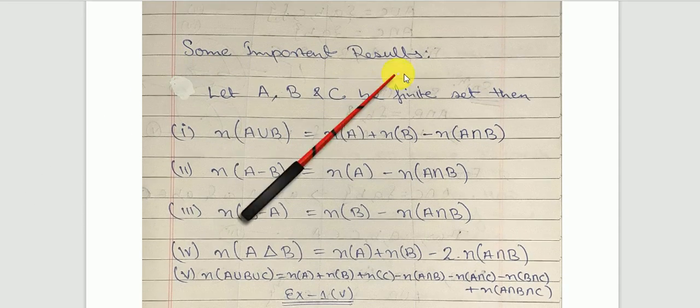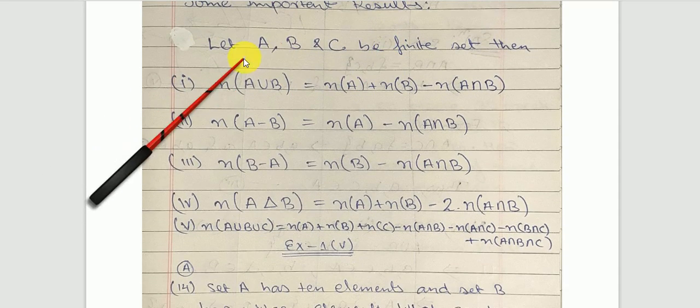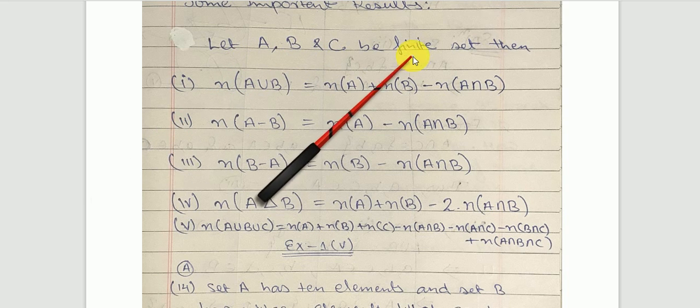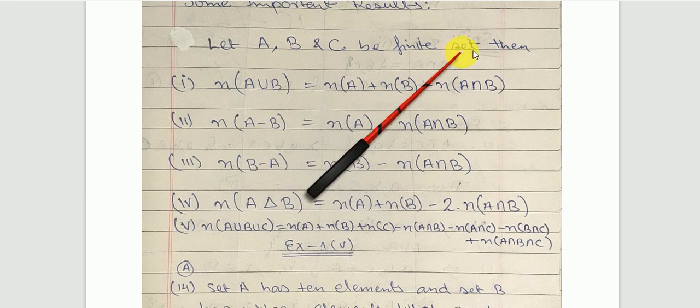Now some important results. Suppose you have three sets A, B and C, and they are finite sets.